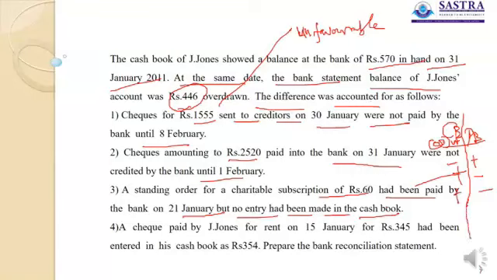Come here for another transaction. A check paid by J. Jones for rent on 15th January for rupees 345 had been entered in his cash book as rupees 354. See, 345, 354. Find out the difference. In the passbook it is 345. What is the difference? Only 9. That 9 is excess in the case of the cash book.